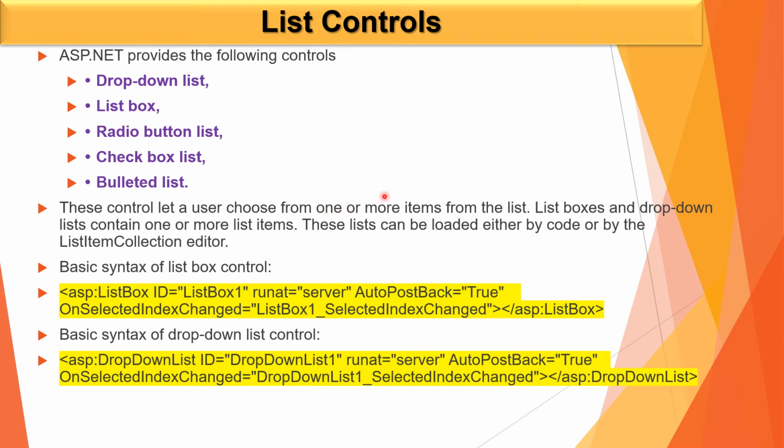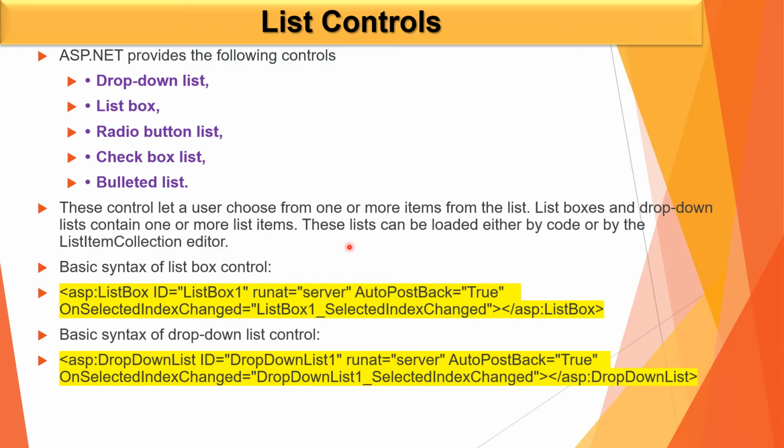The list controls give a list of a number of data items which actually reside in the list. These controls let a user choose one or more items from the list. The list boxes and drop-down lists contain one or more list items. These lists can be loaded either by code or by the list item collection editor.